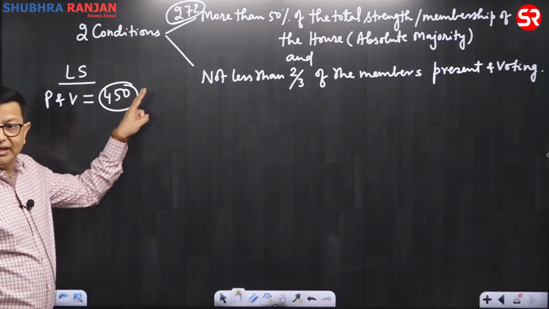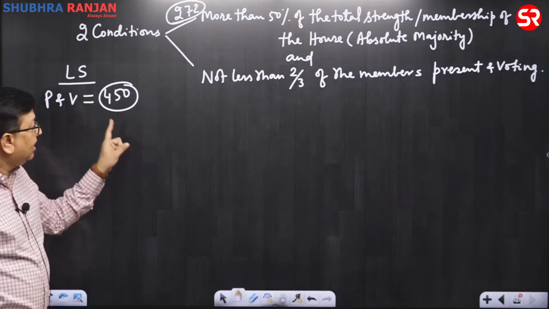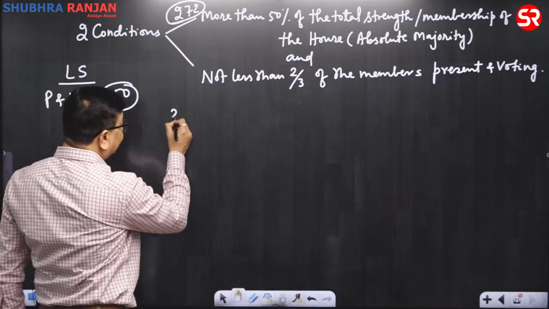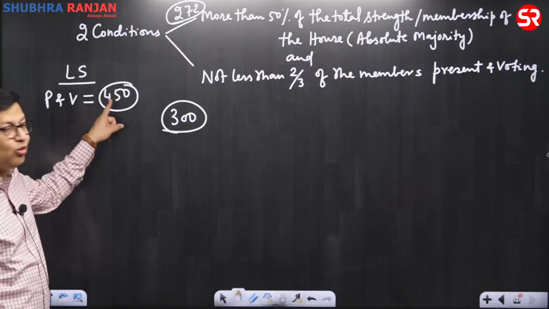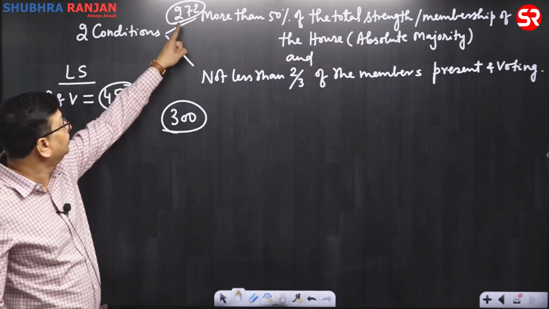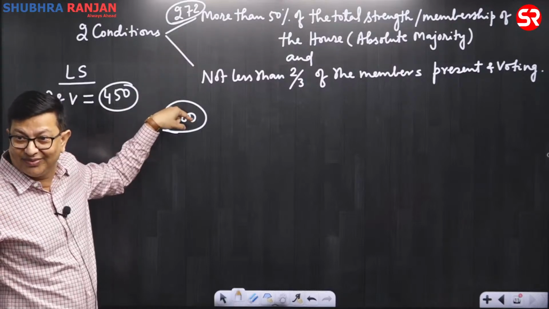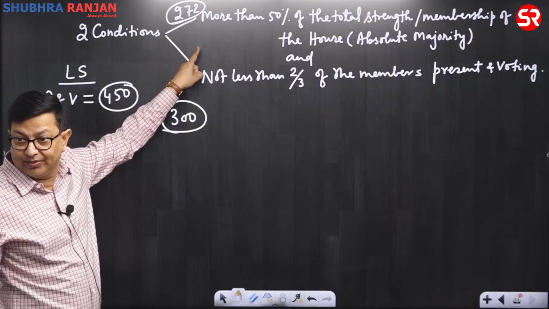So both the numbers are required here. It is not that 272, it is 300. So if 300 members out of 450 who are present and voting vote in favor of the bill, both the conditions are being fulfilled. 300 is more than or equal to 272.